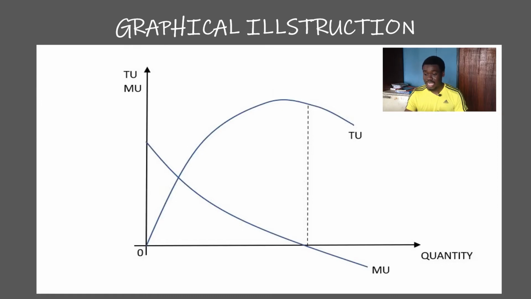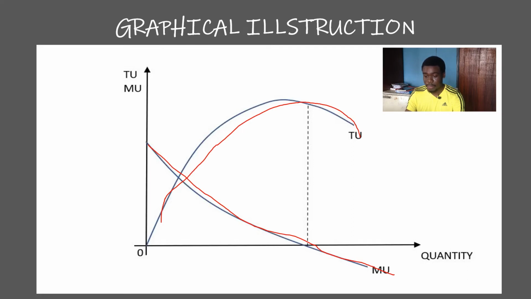As you can see, we have the curve of the total utility, and we have the curve of the marginal utility. From the law I've stated about diminishing marginal utility, we can see that as total utility increases, as more quantity of a particular commodity you consume, the total satisfaction increases. Now, as you consume more, your marginal utility keeps decreasing.